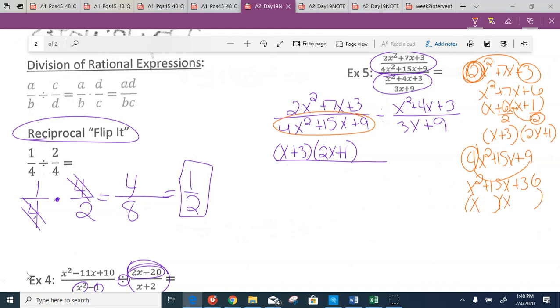X times x is x squared. What numbers times themselves give me 36, but when I add, will give me a positive 15? Let's see, I think it's not 6 and 6. I'm thinking, is it 9 and 4?